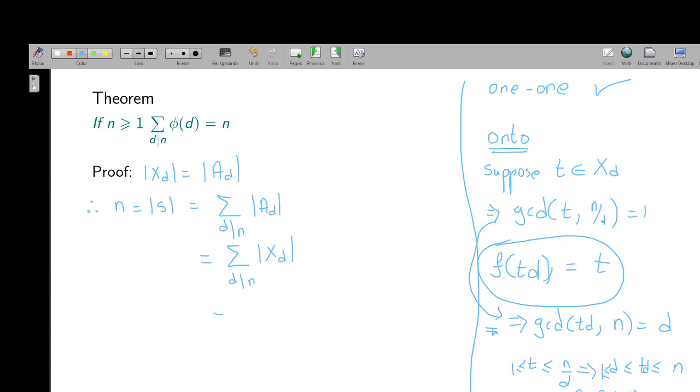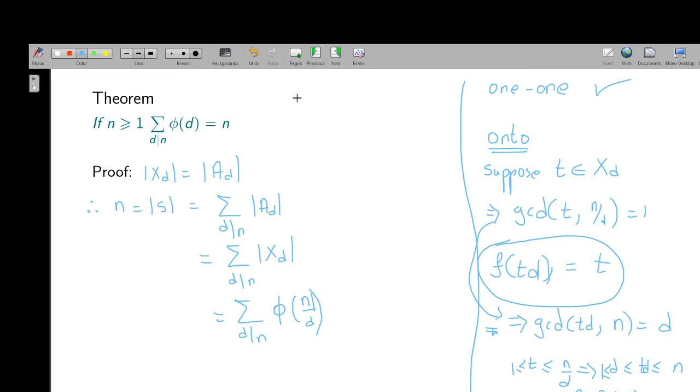Now I had told you that the cardinality of X_d is phi of n by d. From yesterday, or the day before that, I had told you that as d varies over all the divisors of n, n by d also varies over all the divisors of n.